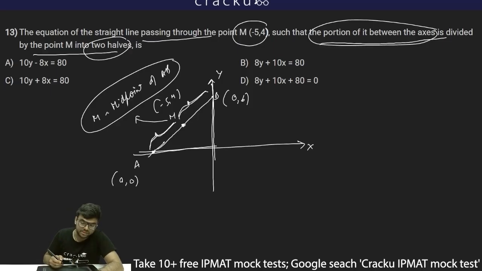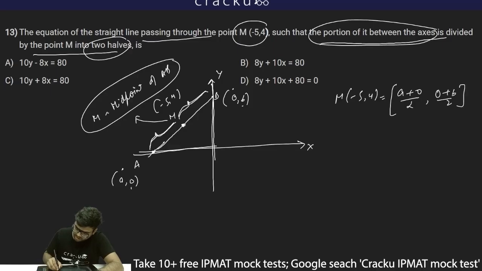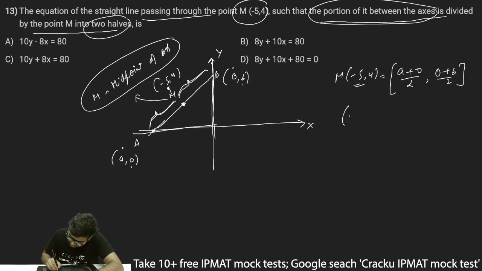So if M is the midpoint, I can write M (minus 5, 4) as the x coordinate (a plus 0) by 2, and the y coordinate (0 plus b) by 2. So minus 5 comma 4 is equal to a by 2 comma b by 2.